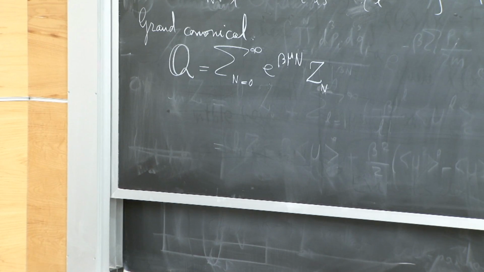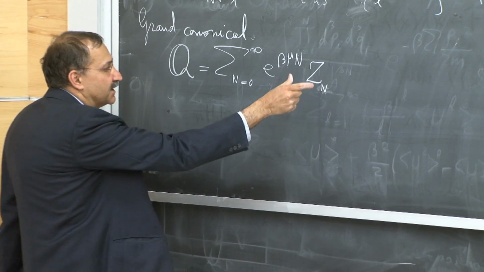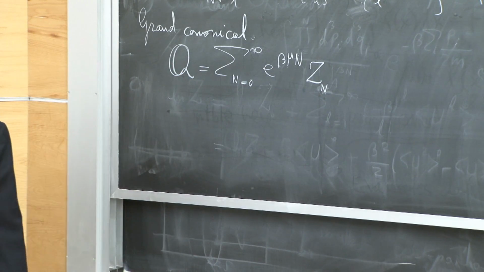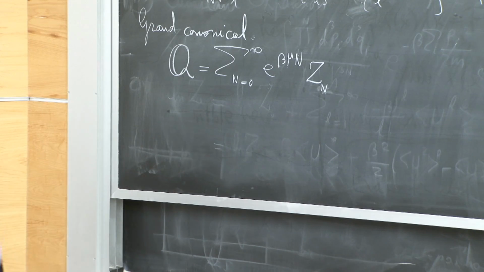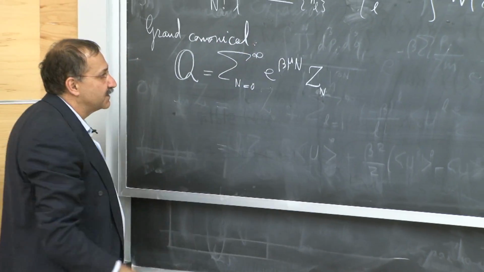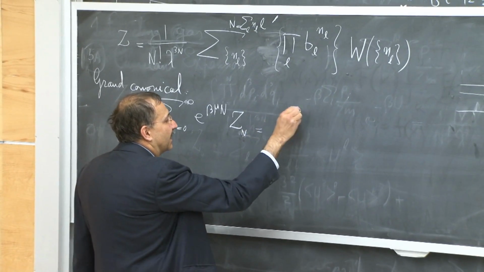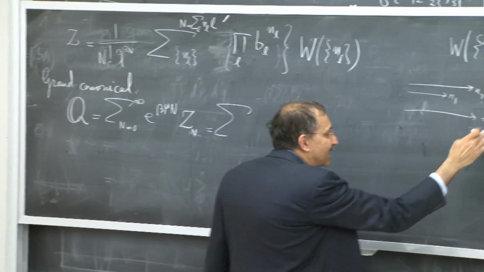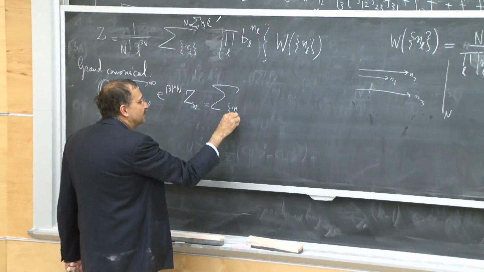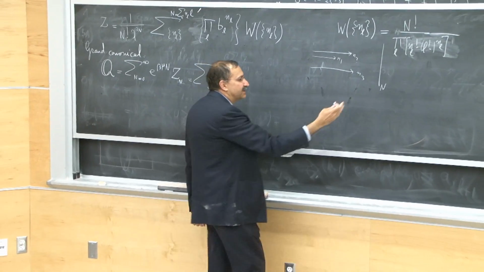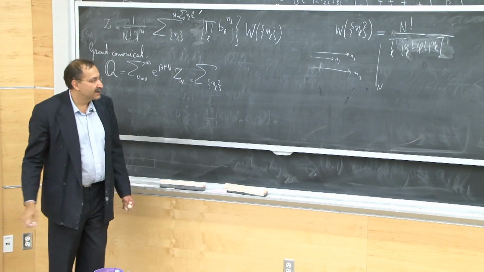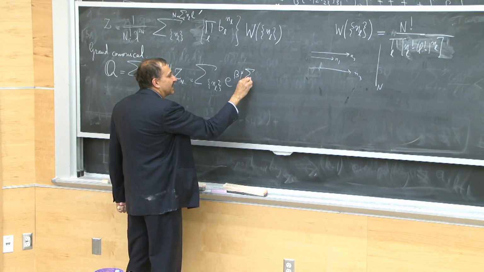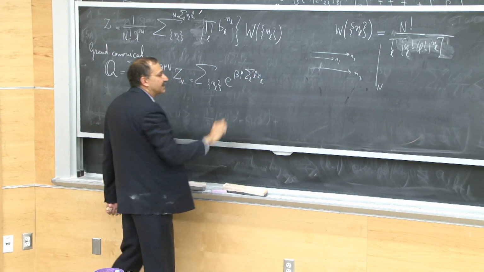So that's the definition of how you would go from the canonical, where you have fixed n, to grand canonical, where you have fixed the chemical potential mu. Okay, so let's apply this sum. I have a sum over n, but if I allow the nL's to vary independently, it is equivalent to varying that n, recognizing that this n is the sum over L of L nL. That's the constraint.